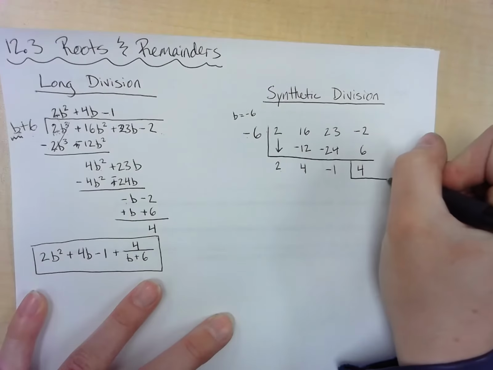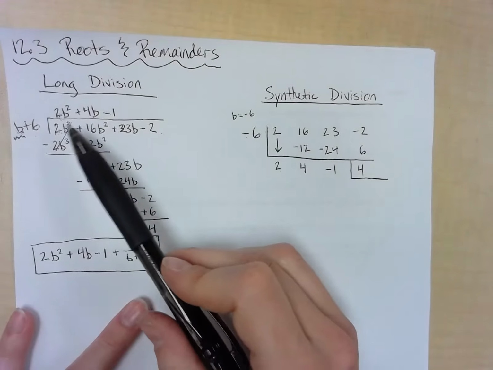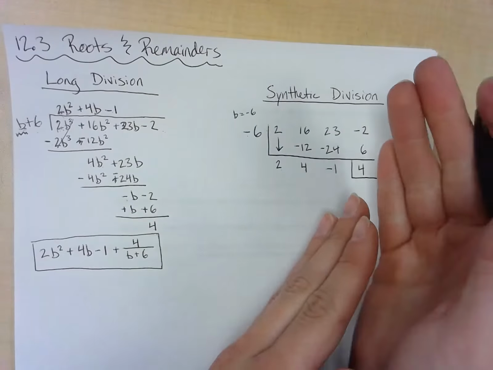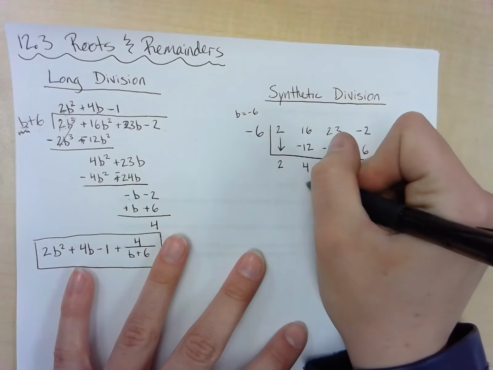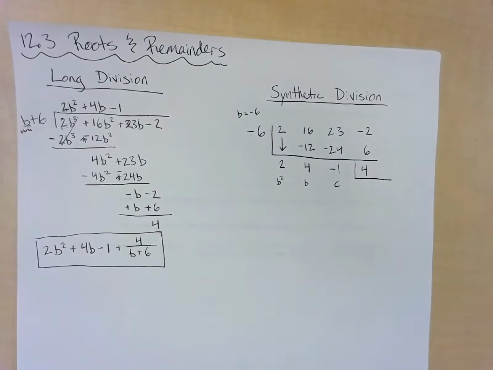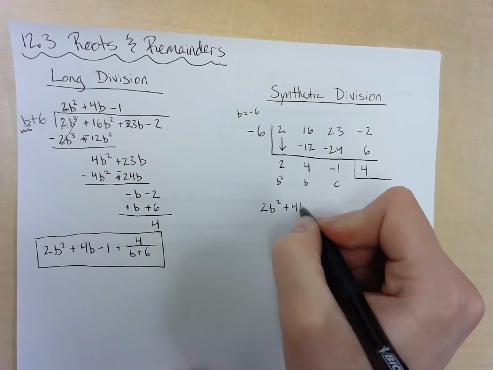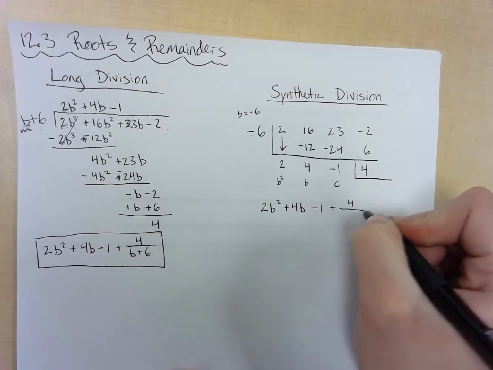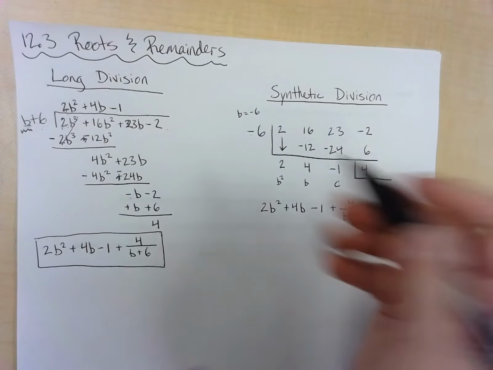So this on the end becomes our remainder. And because I was just dividing by b every time, I always go from right to left here just because it's easier, and I know it goes constant, just b, then b squared. So my answer is 2b squared plus 4b minus 1 plus 4, which is my remainder. It's still being divided by b plus 6. That doesn't change anything.